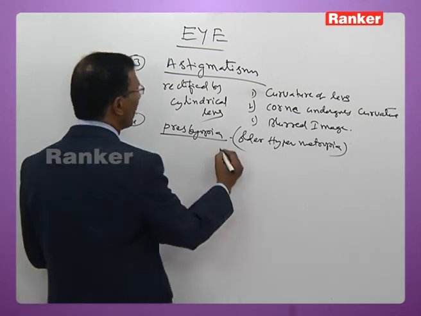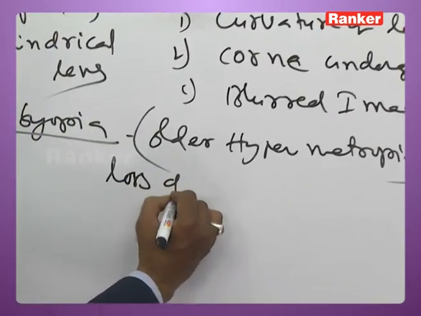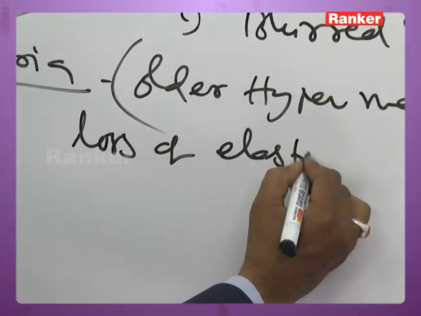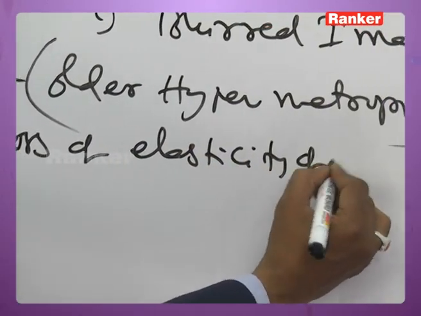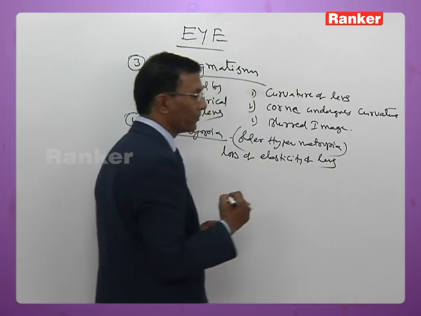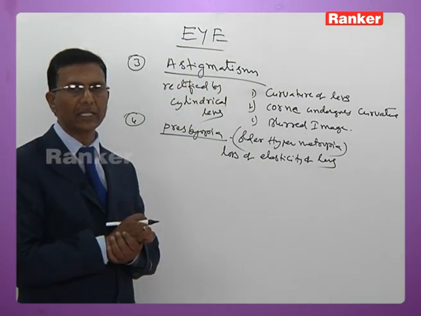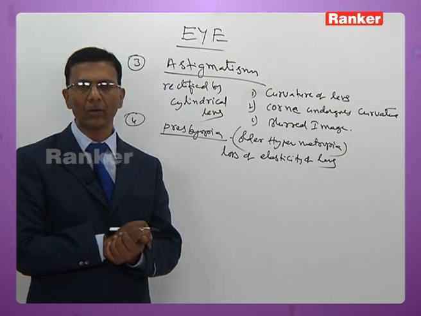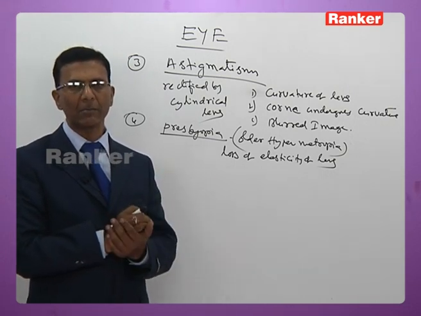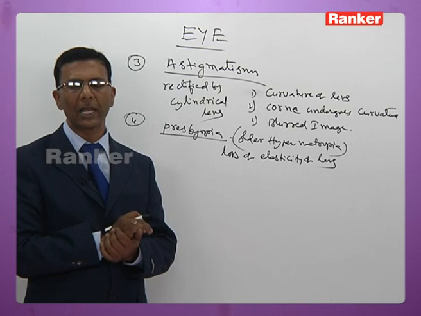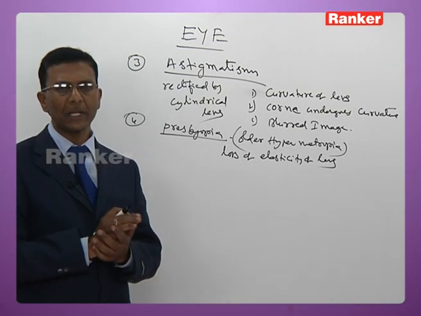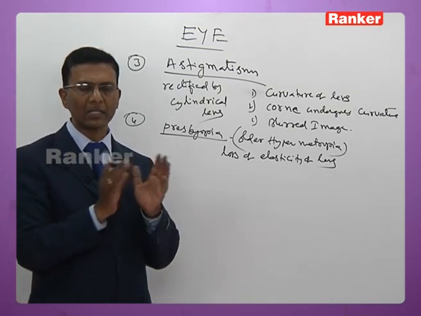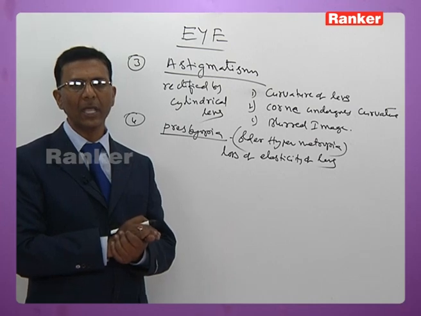This is because of loss of elasticity of the lens. Because of it, the lens always remains very biconvex. As a result, only distant objects can be seen, and near objects cannot be seen clearly, since their image is formed beyond the retina because of more convexity of the lens.